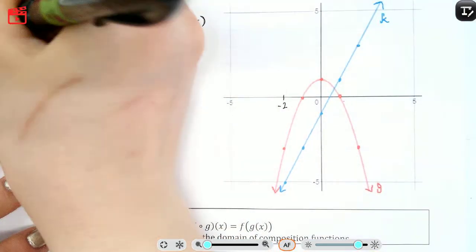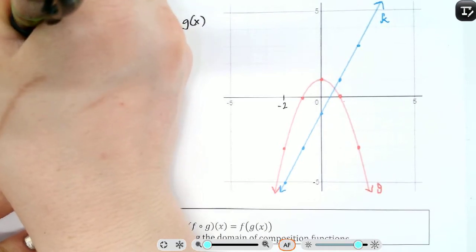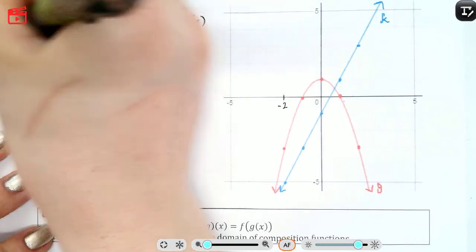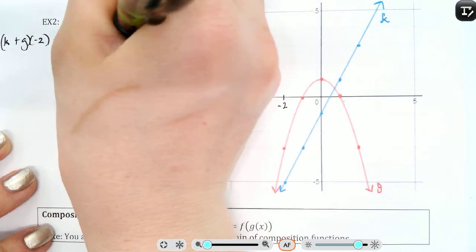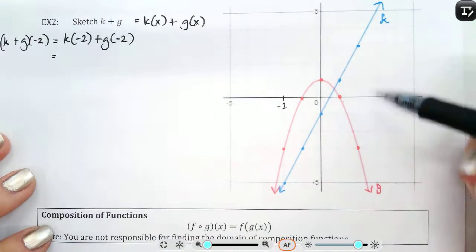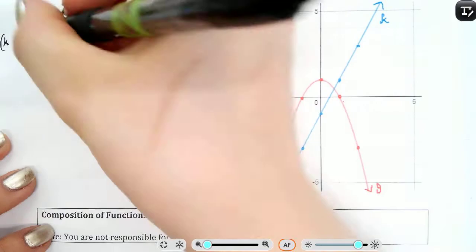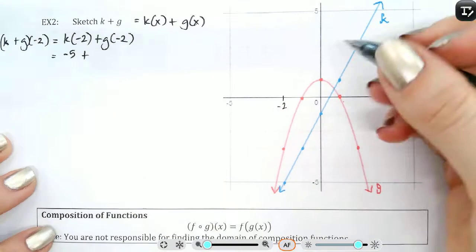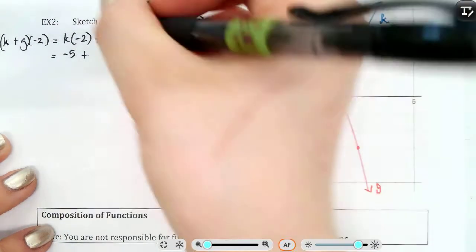So k plus g of -2, that's going to equal k of -2 plus g of -2. Well, what is k of -2? K of -2 is -5. Plus g of -2. G of -2 is going to be 1, 2, 3, -3.